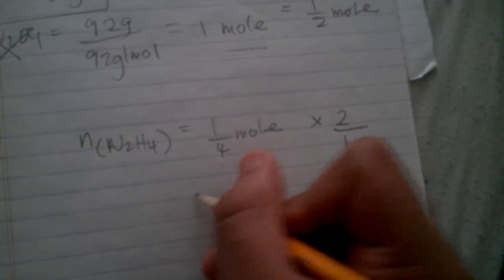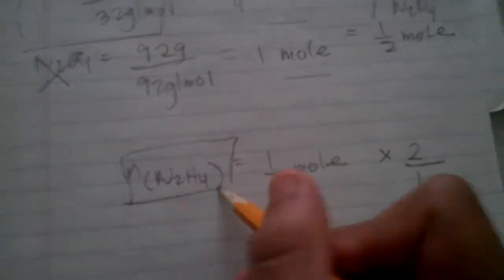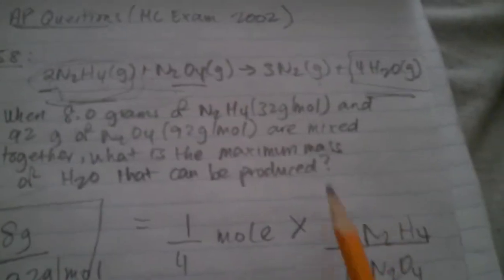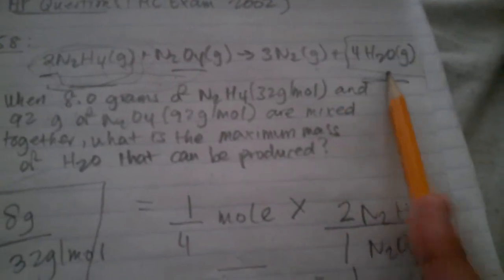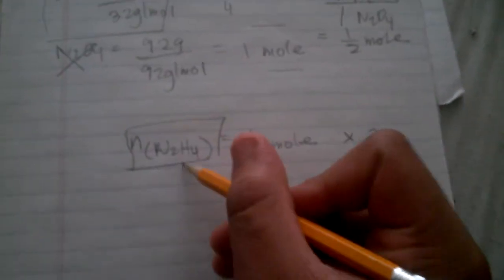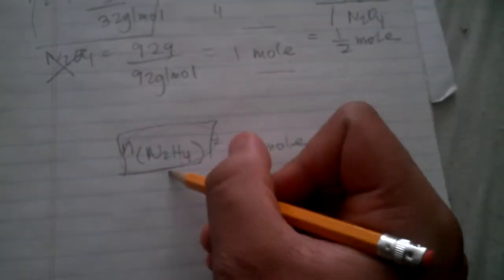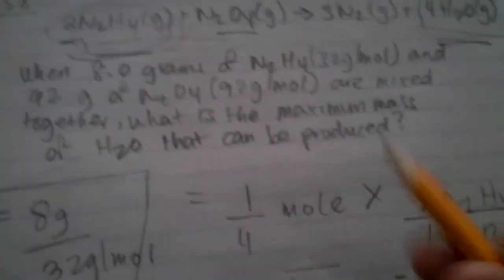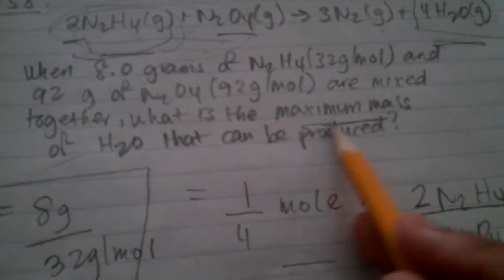And when we do this, we're going to get, because remember, this is the limiting reactant and it determines every single compound, right? So we're basically solving for the moles of water, but we're using the limiting reactant as a model because it says what is the maximum mass that can be produced. So we have to bank it on the one that is slowing everything down.